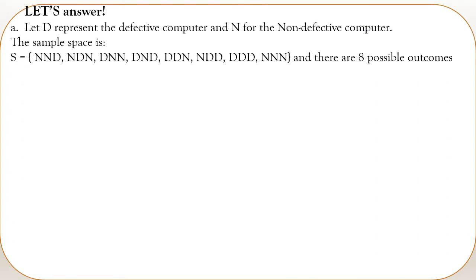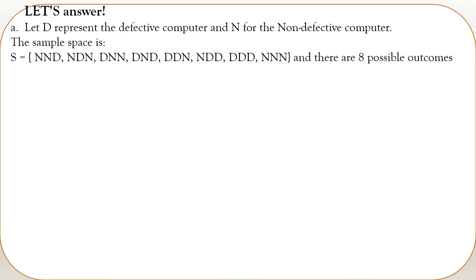Let us now answer. Let D represent the defective computer and N for non-defective computer. So ito yung mga lumabas sa ating experiment. For S, so ang mga lumabas natin dito ay N and D, ibig sabihin dalawa yung non-defective at isang defective. Lumabas din sa outcome natin or possible outcome natin, sa tatlong computer may isang non-defective, isang defective at isa pang non-defective.